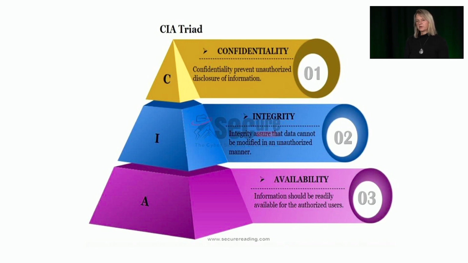That data should be correct and should be maintained as it was meant to be. And the third aspect of security is data availability. If you don't have access to your data, then this system is not secure. So confidentiality, integrity, availability are subcomponents of IT security or cybersecurity.